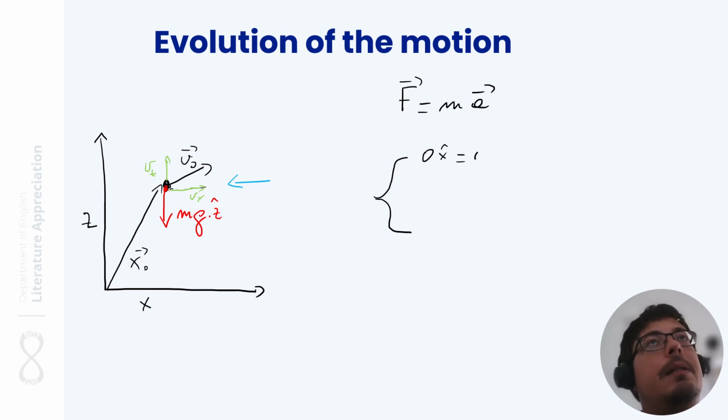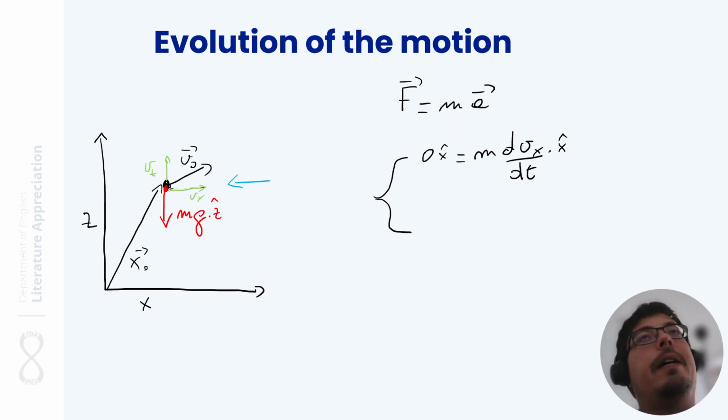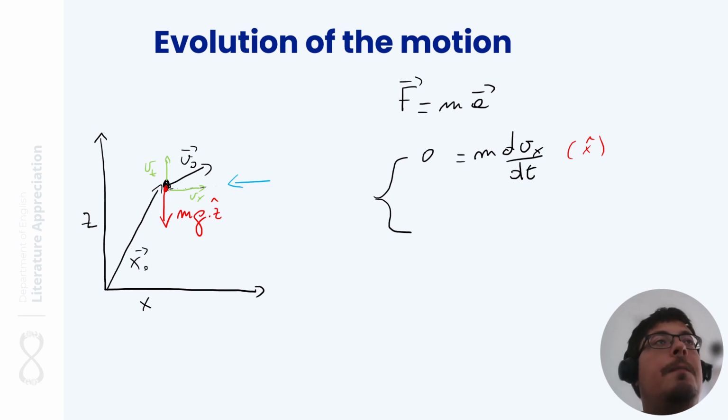The mass is the mass, and the acceleration is the derivative of the velocity in x over time. We can remove the vector notation, because we know this is the x direction.